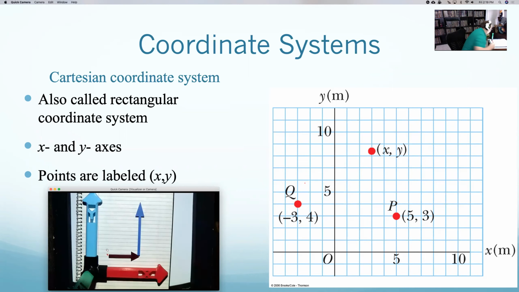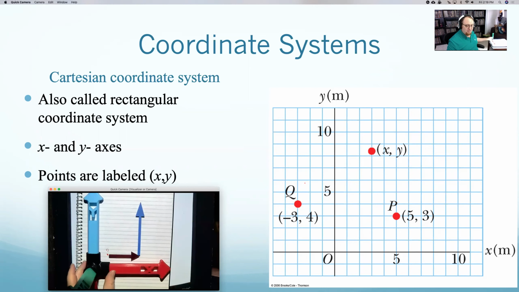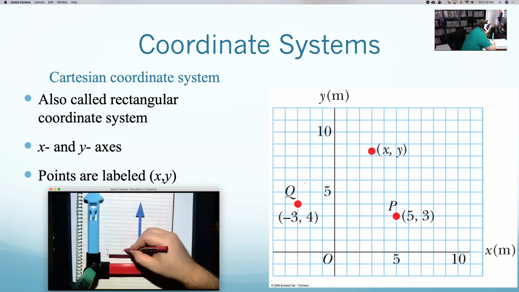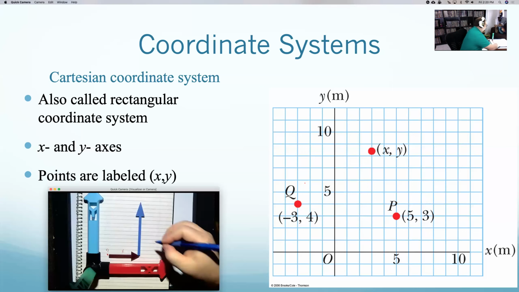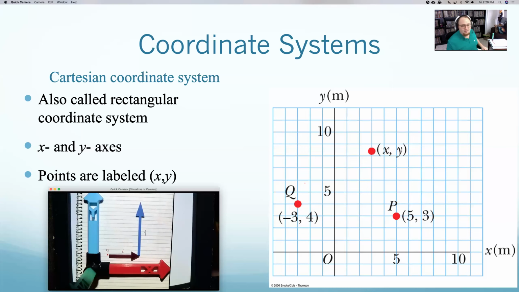I didn't actually put it in the corner just so that these fit. And you can say how far everything goes in X and how far up everything goes in Y. Points are labeled as X, Y, and you can say the location of each bit.